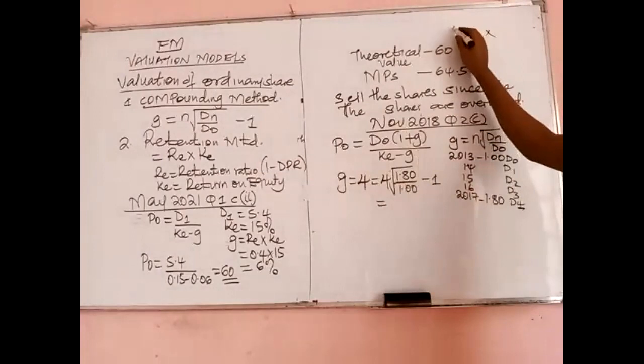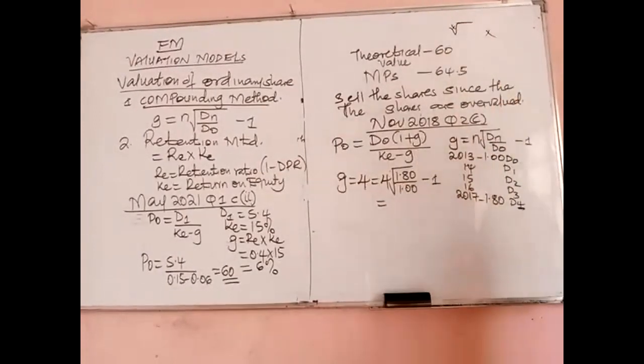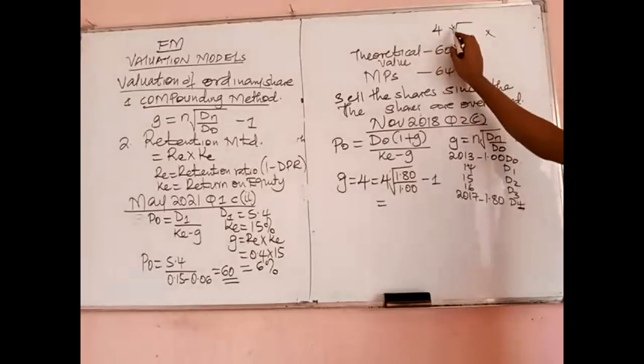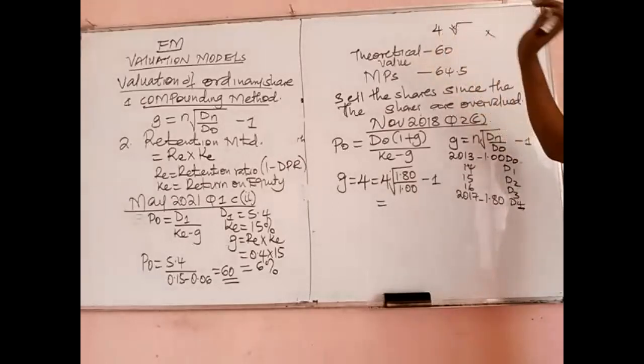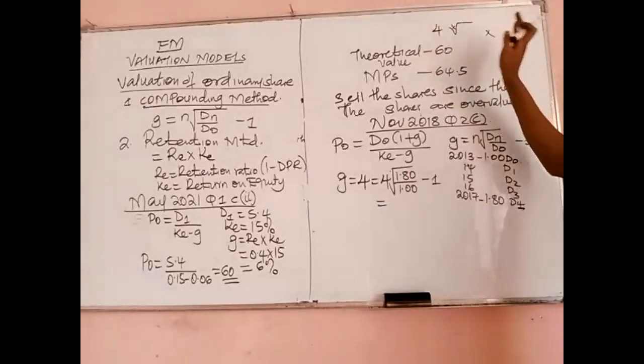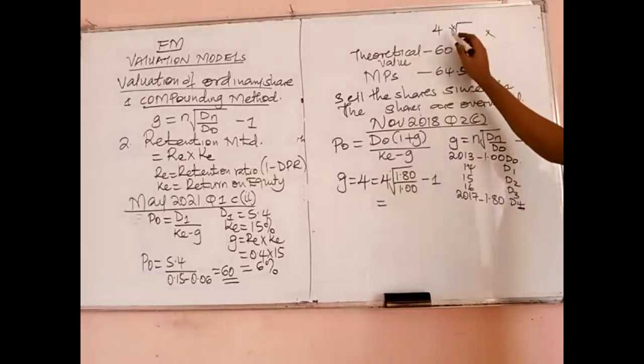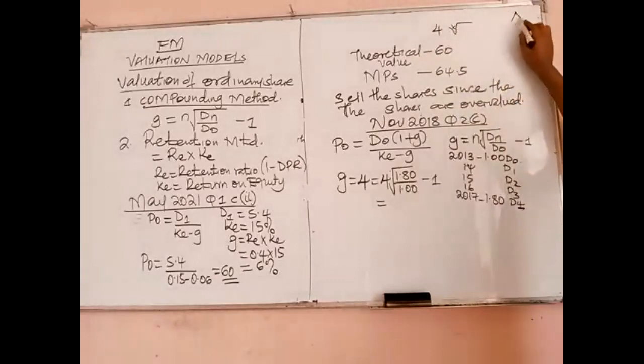At the power key you will see something like this. That is the root. Do you see it? You don't see it? I said 4. First you start with 4, shift. Shift is on the left-hand side of the calculator. When I shift, you will see this. That is what we call the power.